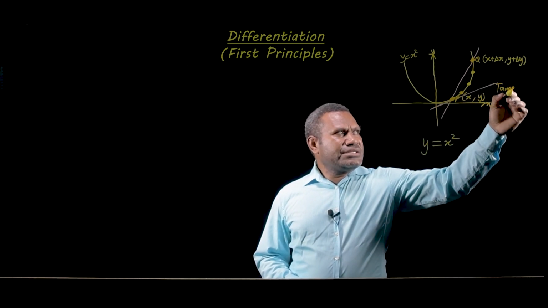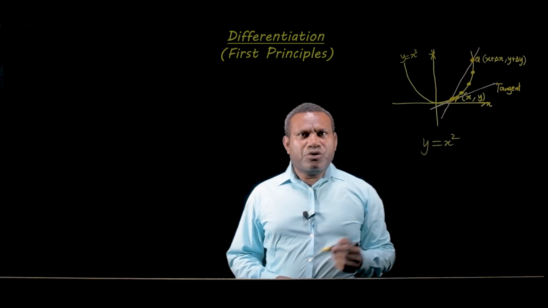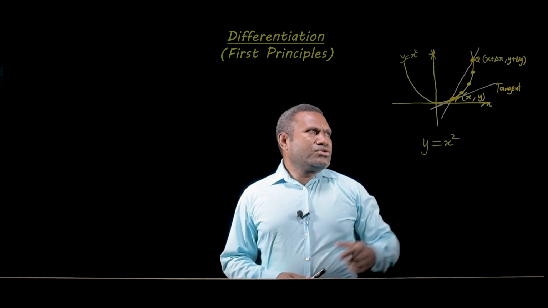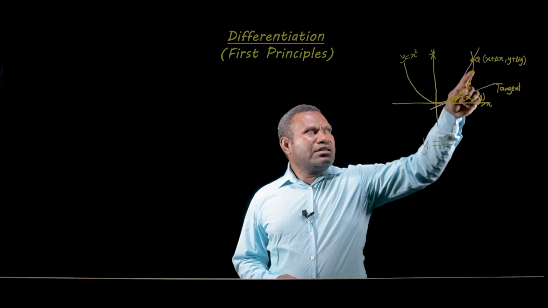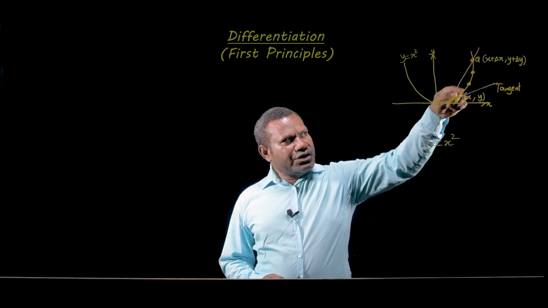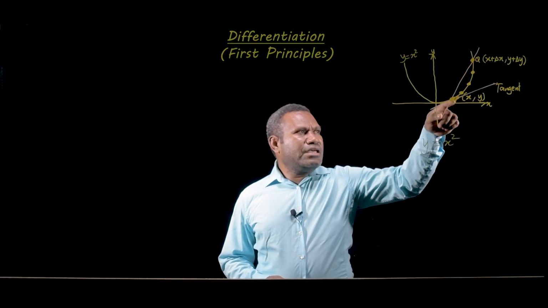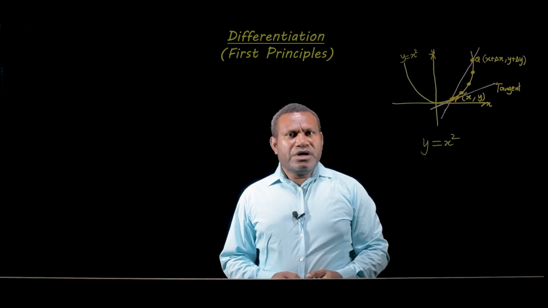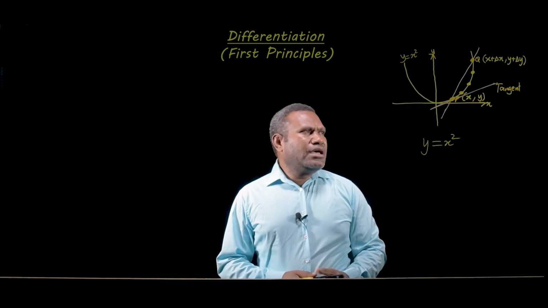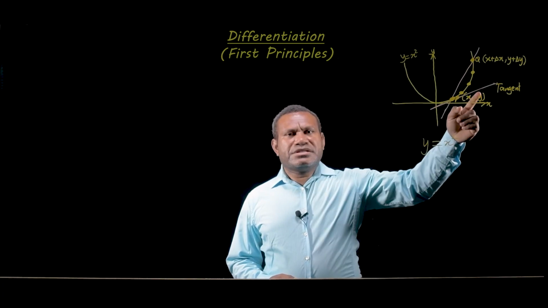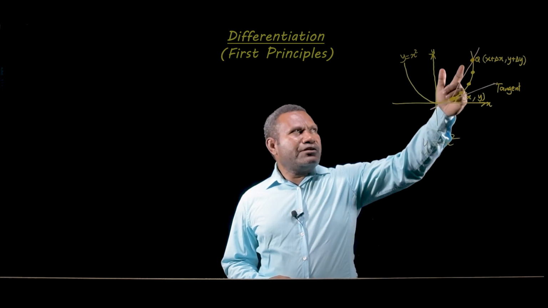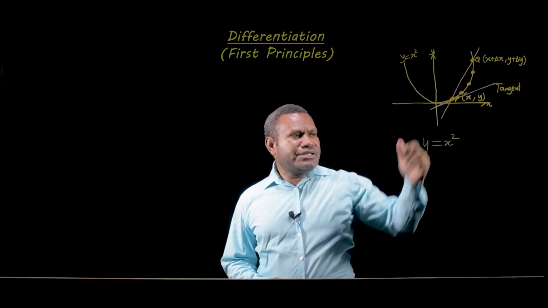A tangent is a straight line that passes through a point on a curve. So we are also going to determine the gradient of this tangent. That will also be the gradient of this curve at this point of tangency.